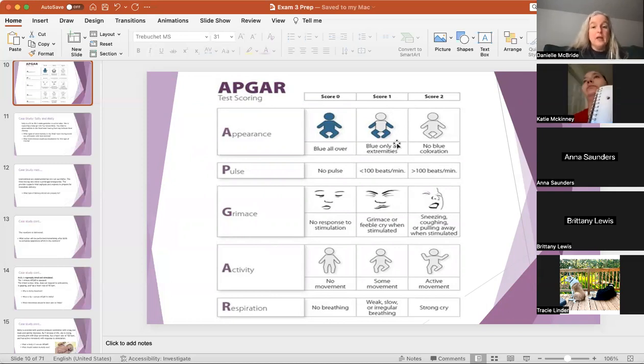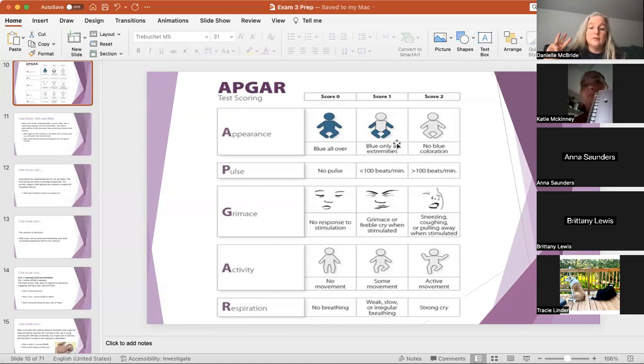It is normal. Is she going to lose a point for it on her APGAR score, though? Yes, she will. So she gets 1 point for appearance because her extremities are blue, but centrally she's pink. What about pulse? How many points? 2. We'll give her 2 points for pulse.